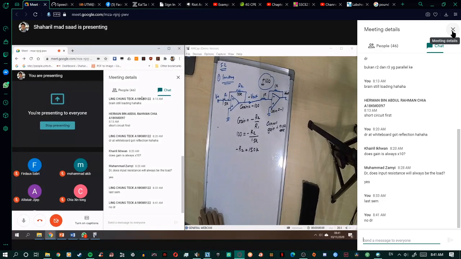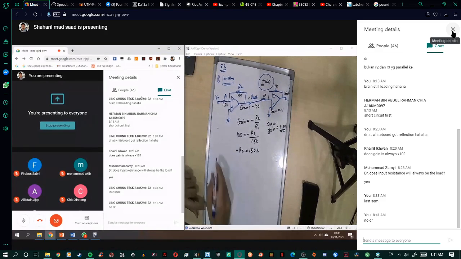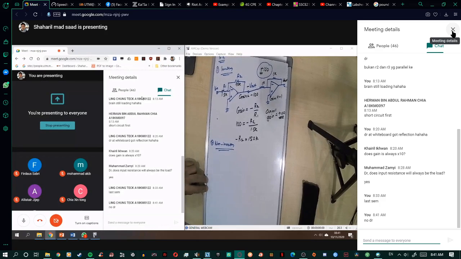Okay. Now, let's do the non-inverting. In order to draw the circuit for non-inverting, all of it is based on the inverting circuit. So this one is R2, this one R1.